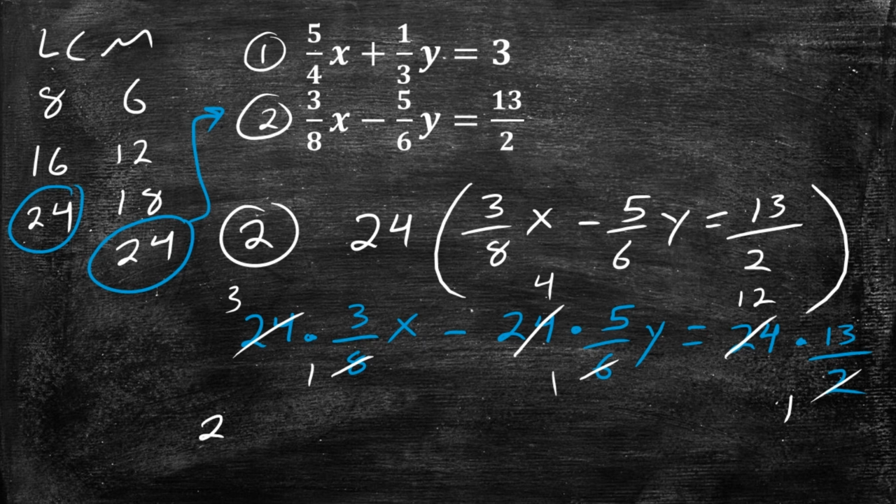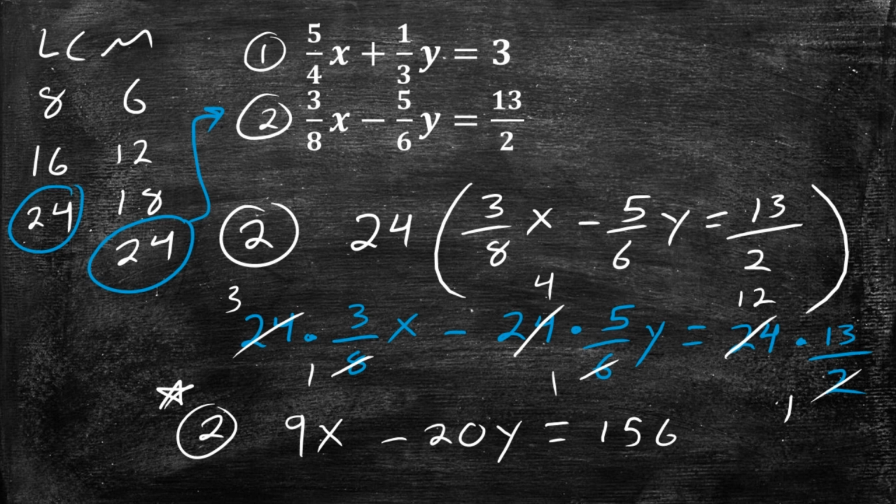So our new equation number 2 is going to be 9x minus 20y is equal to 156 here. Okay, so now we simplified both of those equations. Let's go on to the next slide and finish this up.